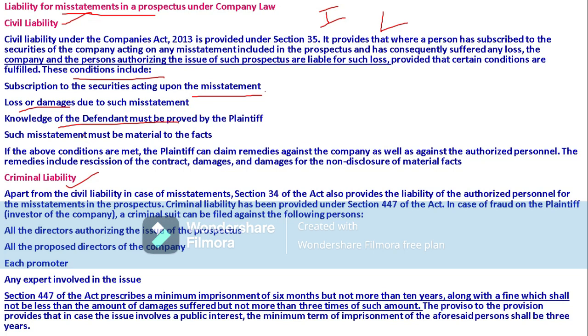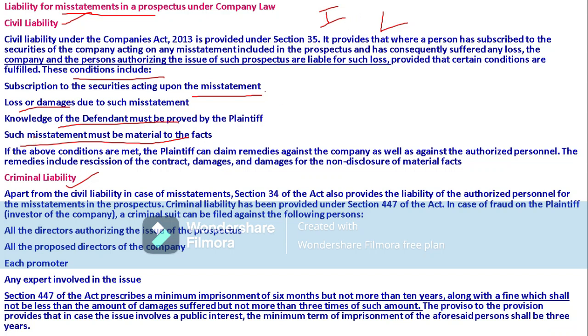the court. Knowledge of the defendant must be proved by the plaintiff, and such misstatement must be material to the facts. Material to the facts means the securities were purchased by the investors with that information, and if the investor got losses, that should be proved.